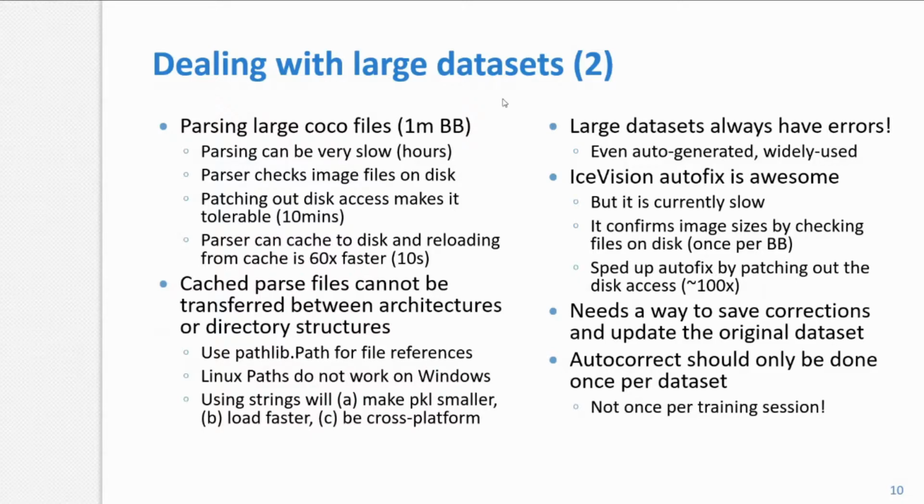The second problem area, and I think all of you will have experienced this, is large data sets. I don't know why, but they always have errors, right? Even when they're auto-generated and widely used, they have errors. In fact, I think that one of the reasons there is that the people who produce them, once they've been used the first time, think that to do good science, they have to make them sacrosanct and precisely the same as used before.